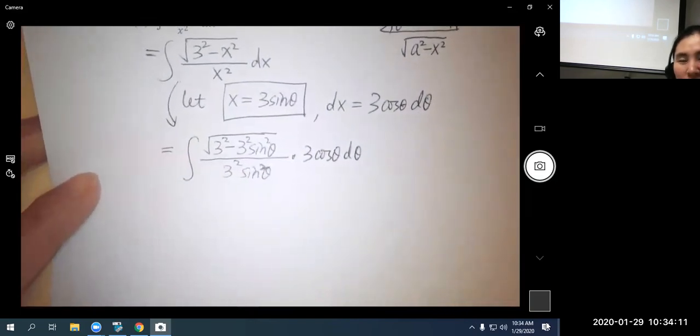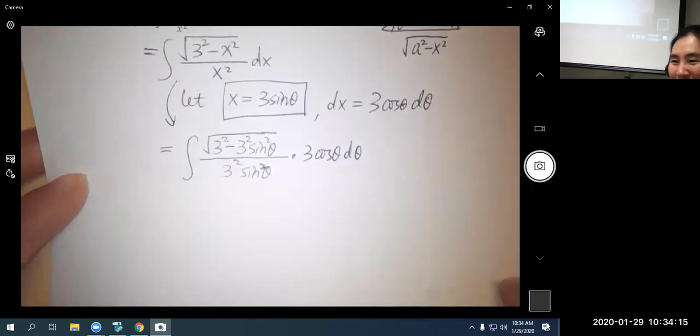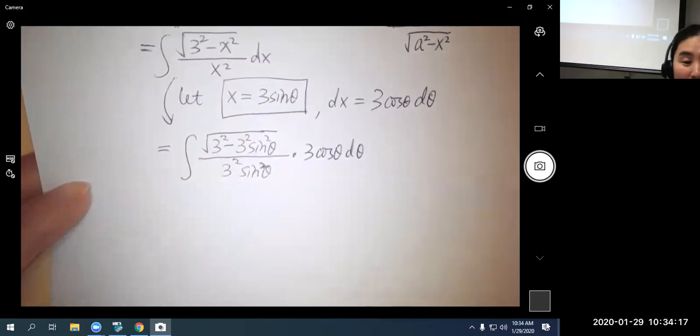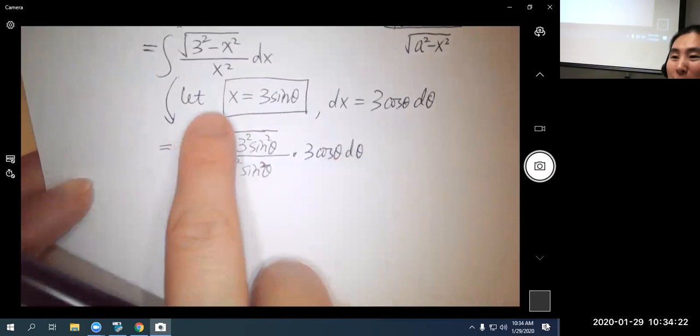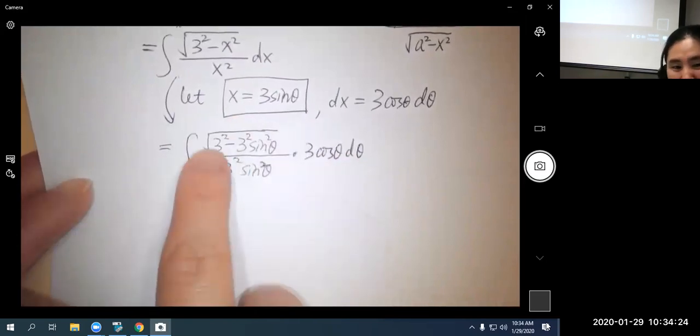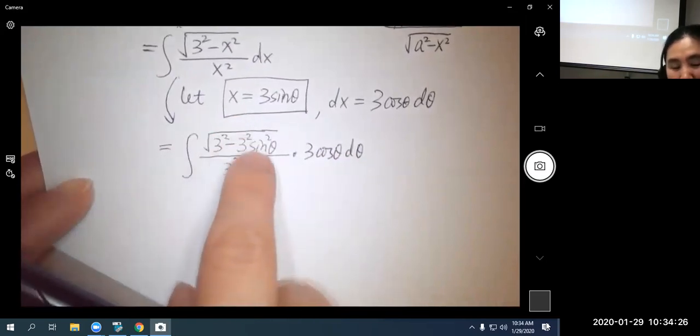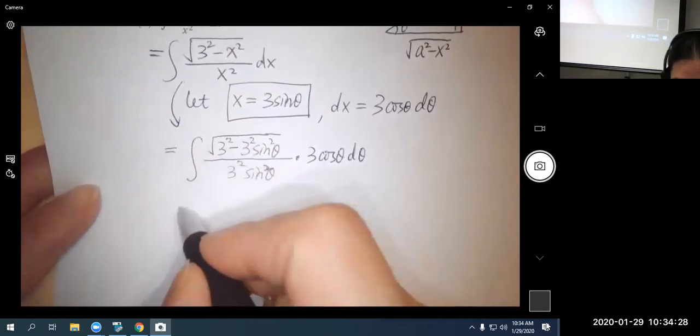I know most of you guys, not everybody likes trig functions, but so far, let's see. When we simplify it, it may become a very nice trig integral, okay? So what is the square root of 3 squared minus 3 squared sin squared theta?